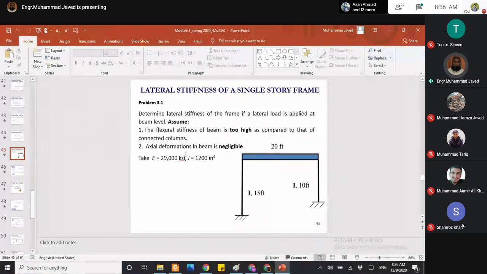Axial deformation in beam is negligible. So once we assume that the flexural stiffness of beam is too high as compared to connected column, the beam column joint can be considered as a fixed support, and we take both these columns as fixed-ended columns.